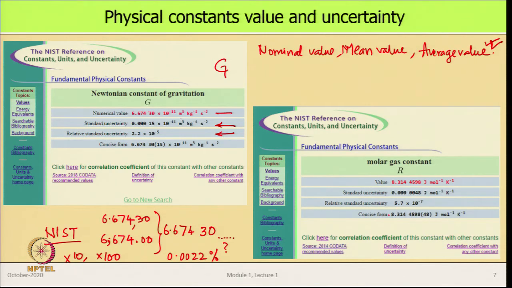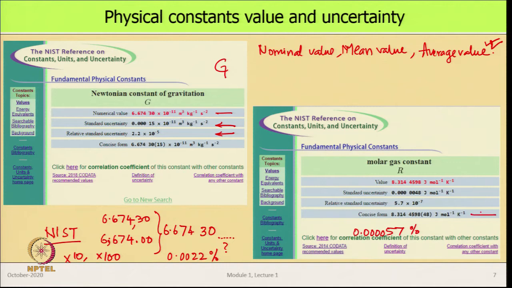Relative standard uncertainty is 5.7 into 10 to the power minus 7. This is the ratio of these two, so no units. And what it tells us is that if you make it a percentage, this will become 0.000057%. Very small compared to anything we measure in our practical life.